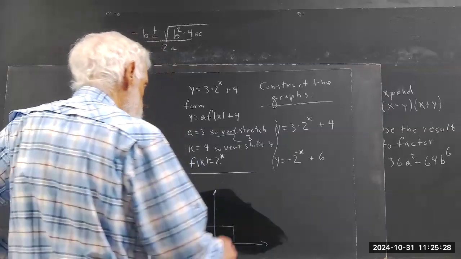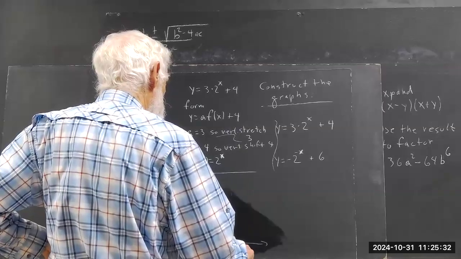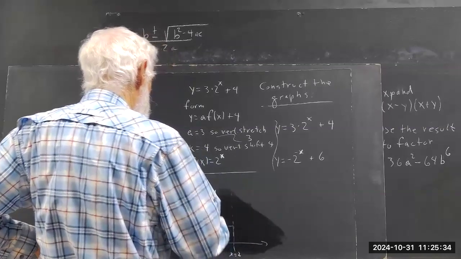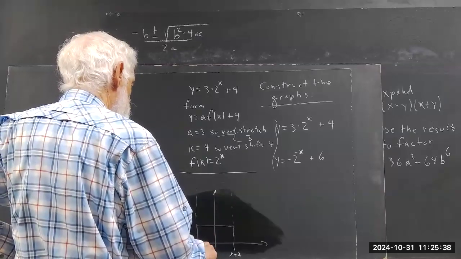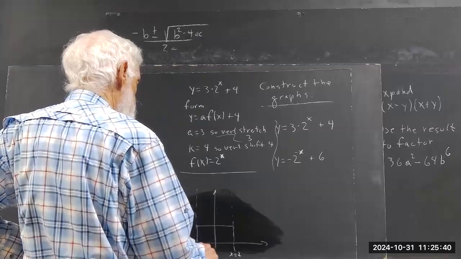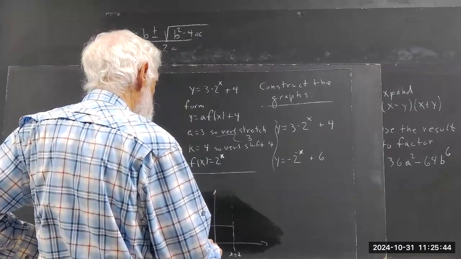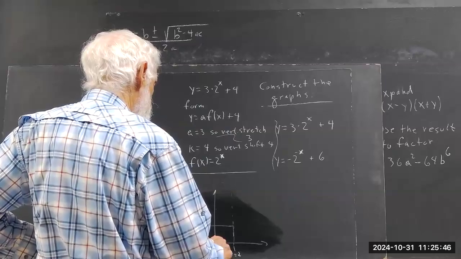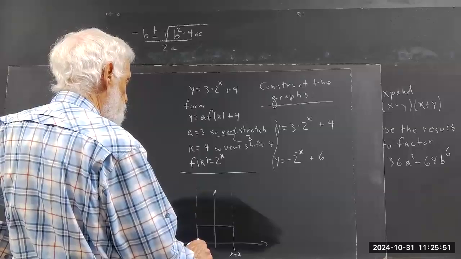Okay, so just for scale, this line is x equals 2. This line is x equals -2. The graph, if it's constructed, is going to be close to the x-axis here.